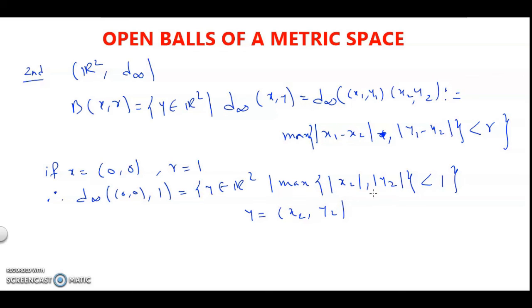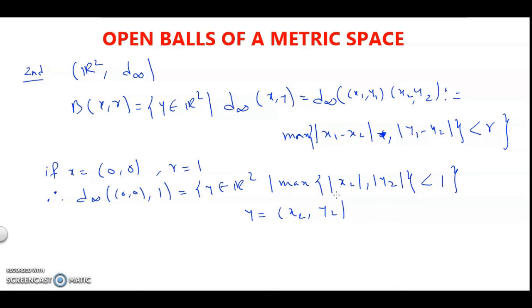Now see this, from (0, 0) all those y we will take, and the coordinates of y are x2, y2. Now either the mod of x2 must be less than 1 or the mod of y2 must be less than 1, and whichever is maximum, we will take that one.